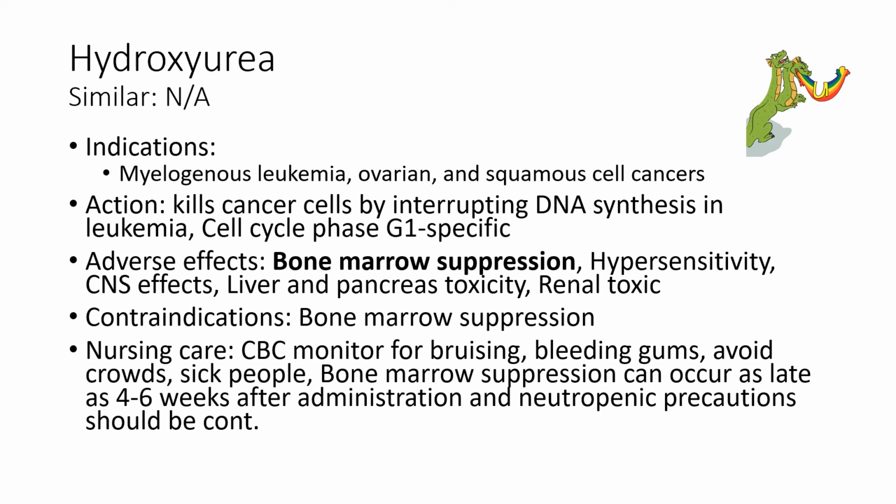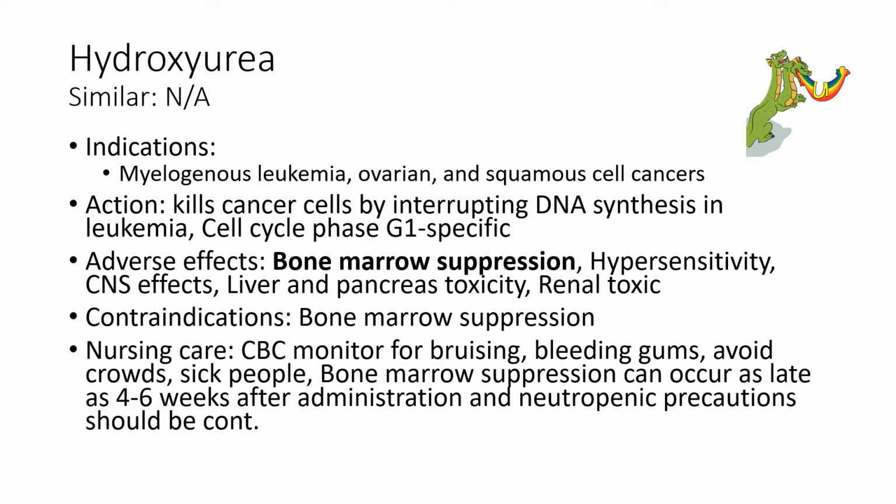Adverse effects of hydroxyurea. So just through history and having used these medications hundreds of thousands of times, it's very predictable which drug is going to cause which side effect. And you wouldn't want to choose 2 or 3 drugs that have very similar side effect profiles. Otherwise, if they all had hepatotoxicity, you'd destroy the liver.